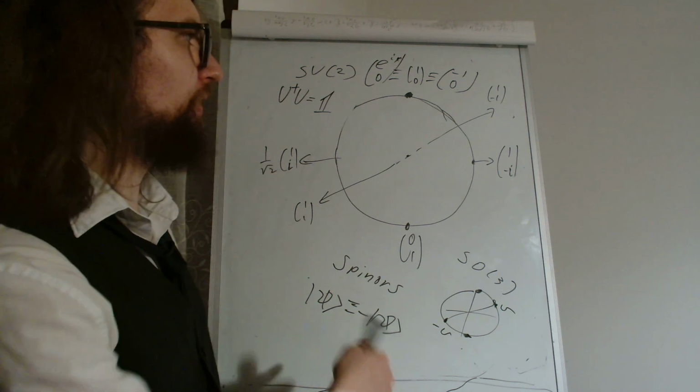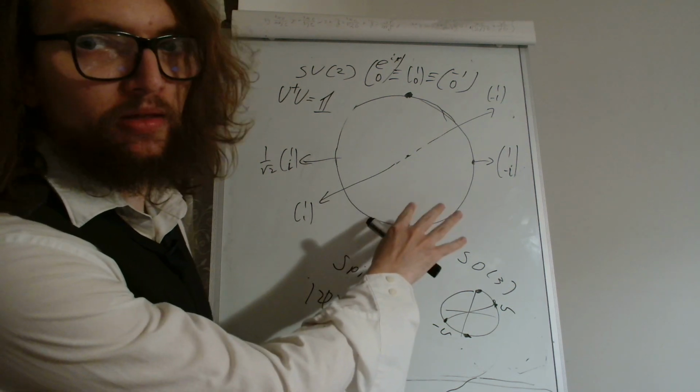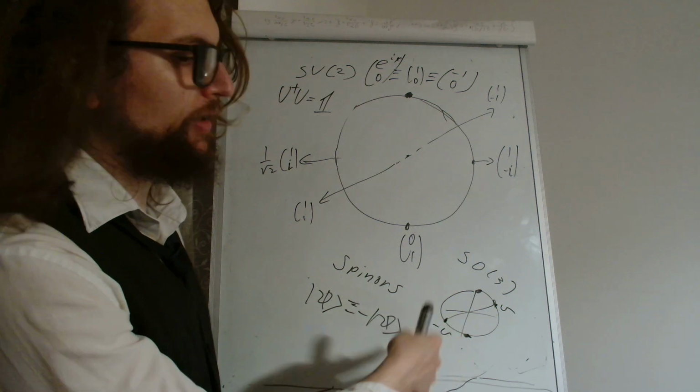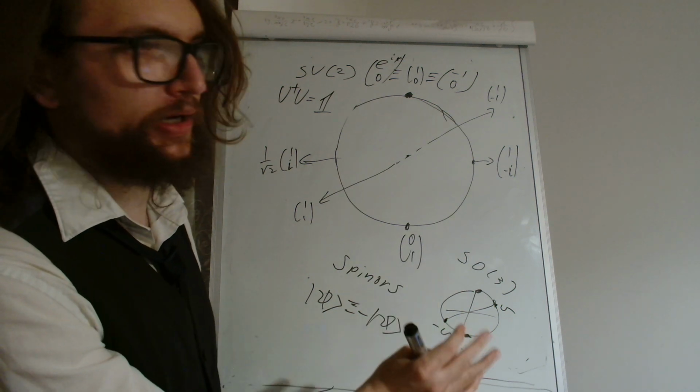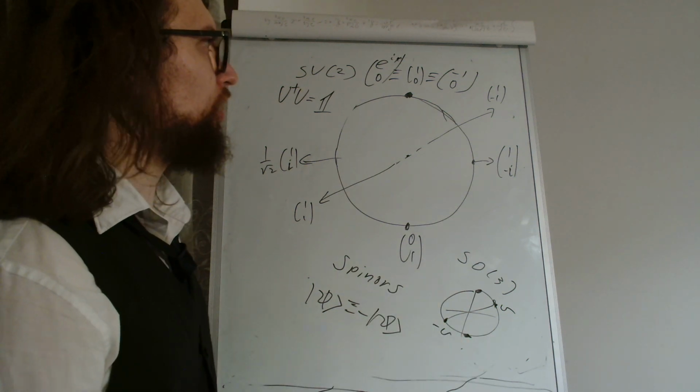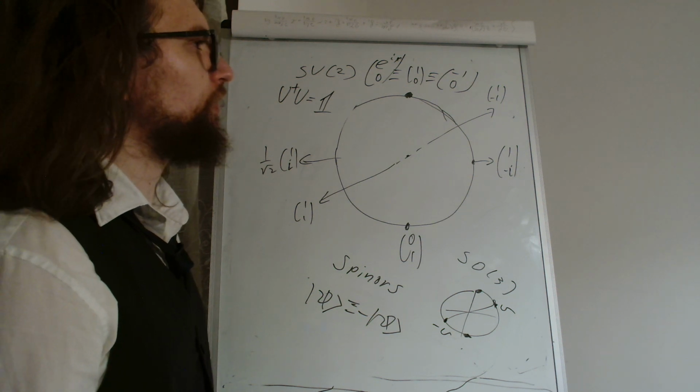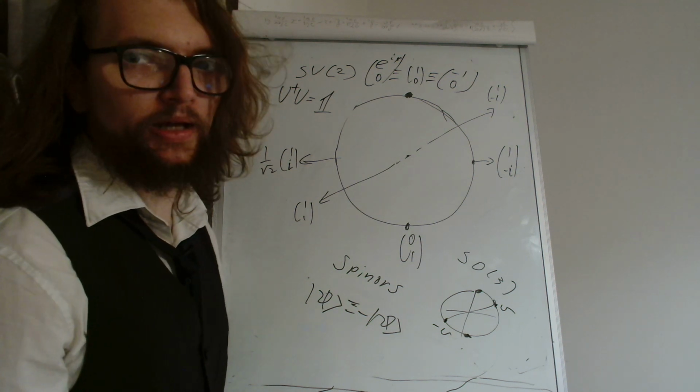So here we have two entries, complex vectors, and here we have three entries, real vectors, and there are a lot of beautiful correlations which I may leave for another video.